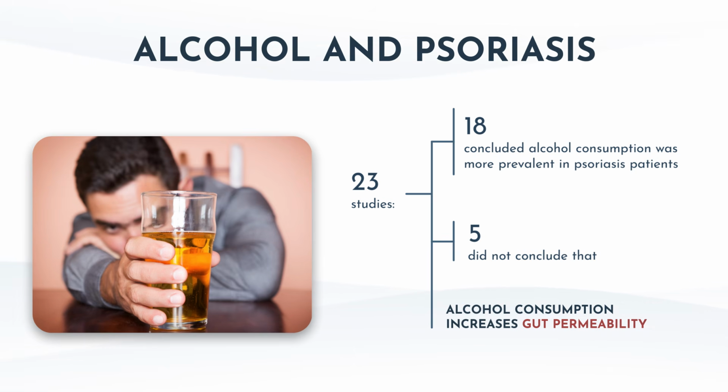It breaks down that mucosal barrier and leads to leaky gut. And it's inflammatory. So alcohol is never going to help your psoriasis patients. It's worth checking in on their alcohol consumption and trying to minimize it or eliminate it if they're open to that. But sometimes you'll have patients who aren't drinking any alcohol and they still have psoriasis.